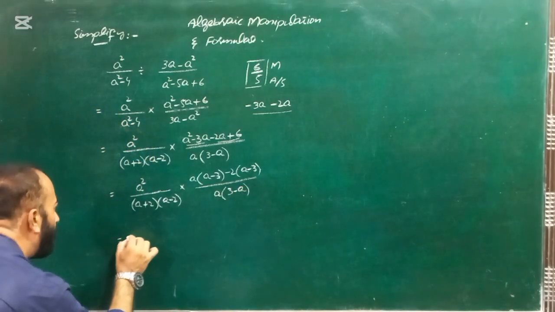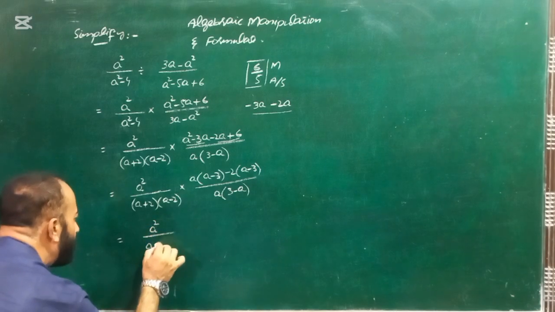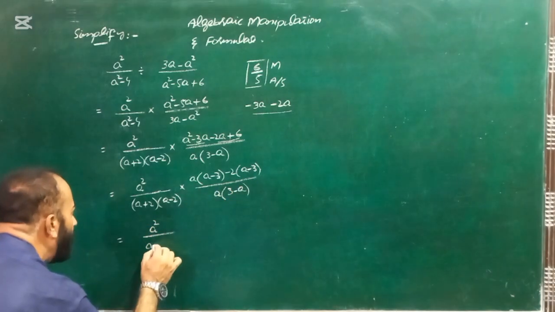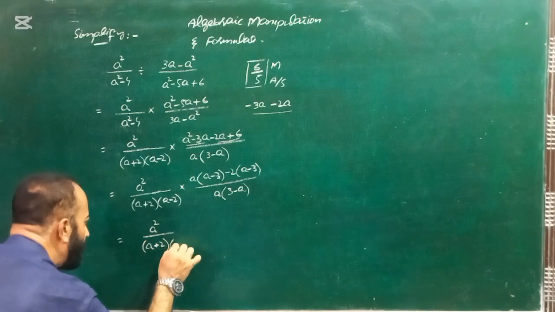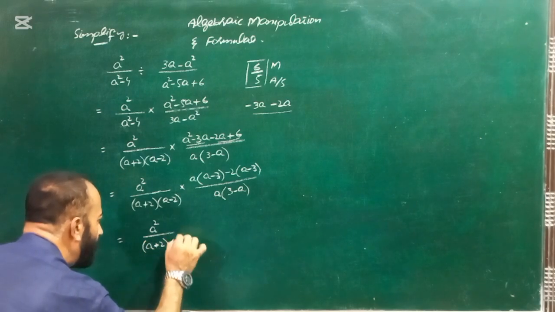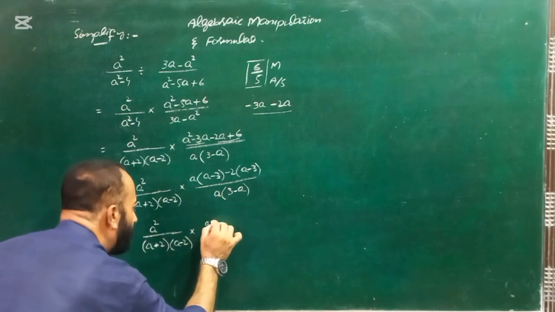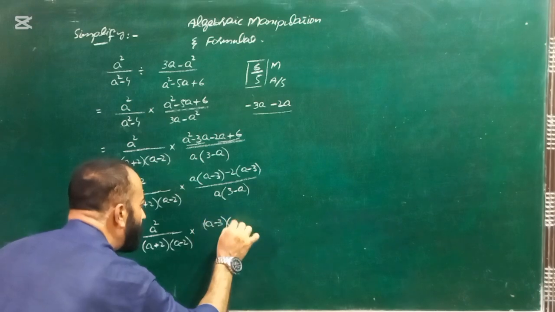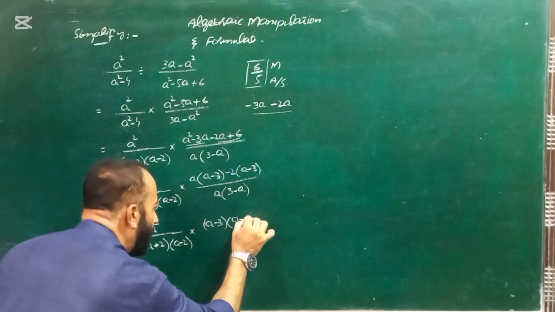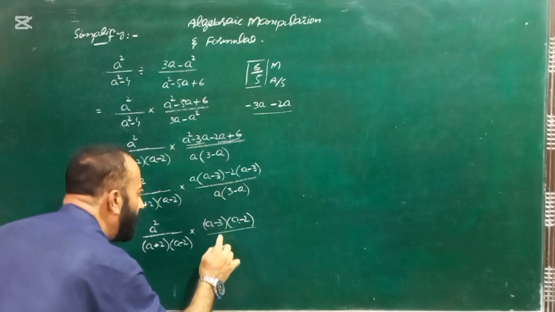Okay, from here these things will be written as it is, because first we have to simplify it. So a plus 2 into a minus 2 will be written as it is. Okay, here the same bracket will be copied once, so a minus 3, and the values outside the bracket will be written in the second bracket, so a minus 2, and the denominator is still there.